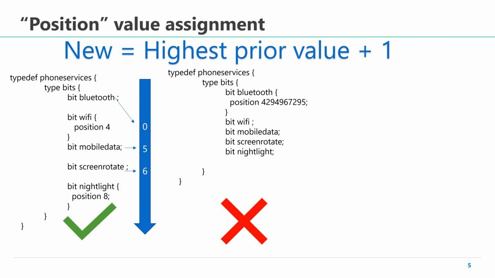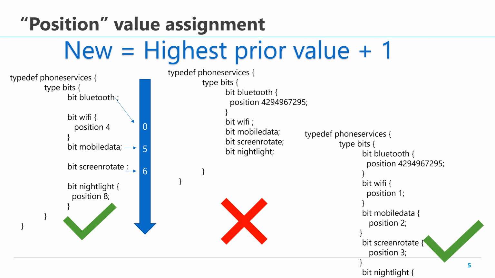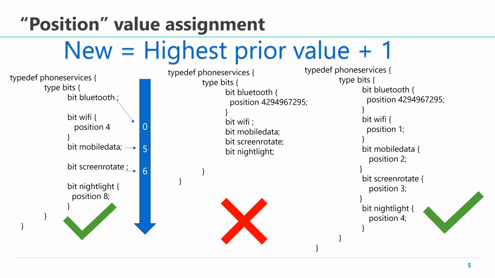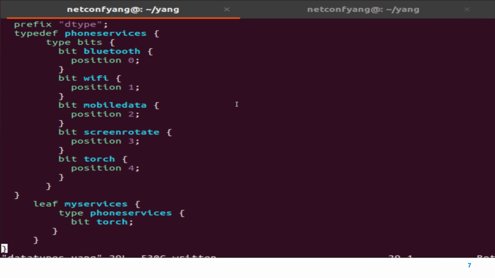So the only option is to explicitly specify the value for each of the bit positions. You can now see the correct way to do this. The first position, if it is assigned the maximum value, every subsequent bit position is explicitly numbered, and this is accepted by the system. Let us now see a short demo of the bits type.